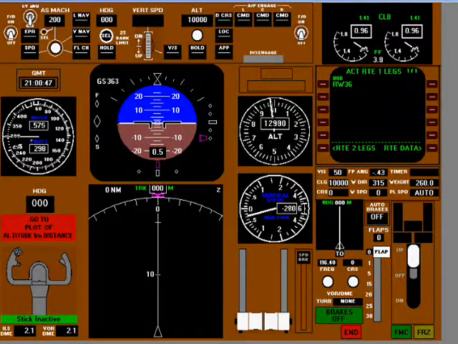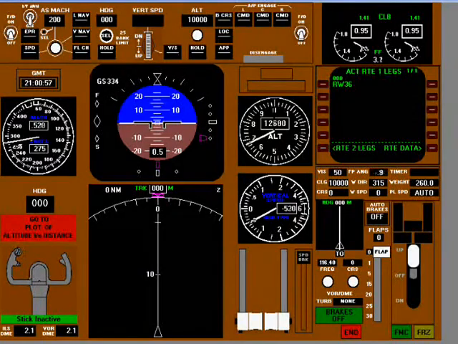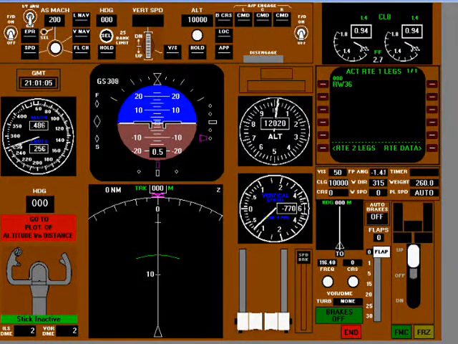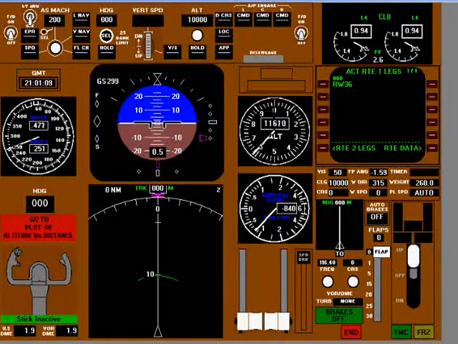We now set the new pitch attitude of 0.5 and the power setting to the idle thrust value. Notice that the airspeed is decreasing and the vertical speed is also heading toward its target value. Both 240 knots and 1,000 feet a minute will be reached at approximately the same time.